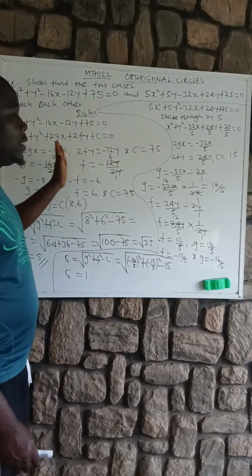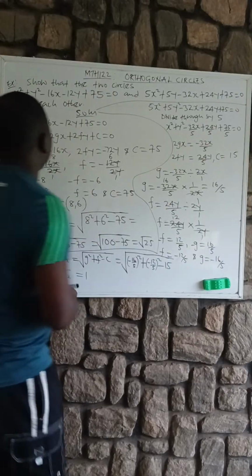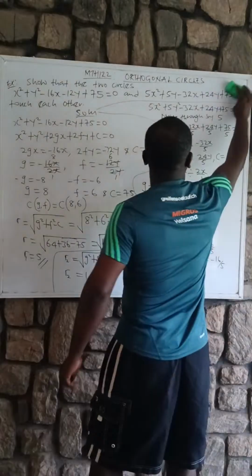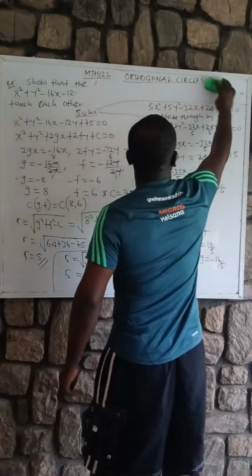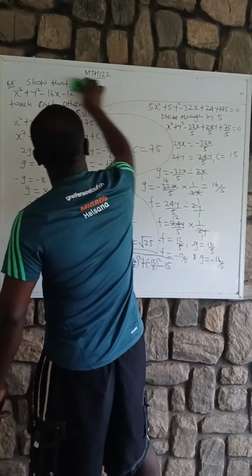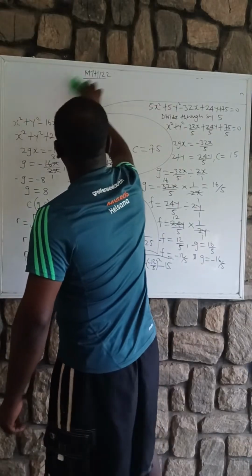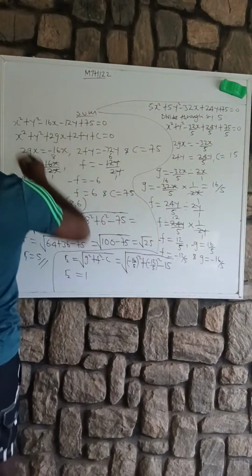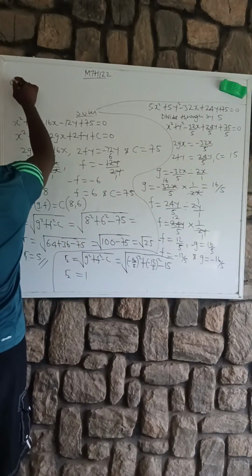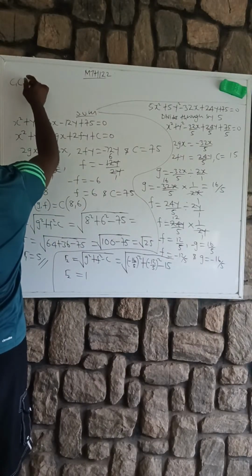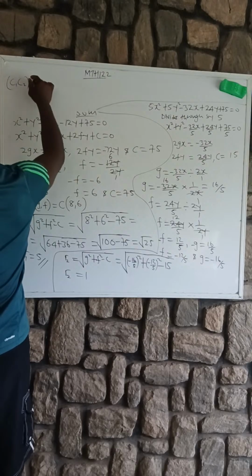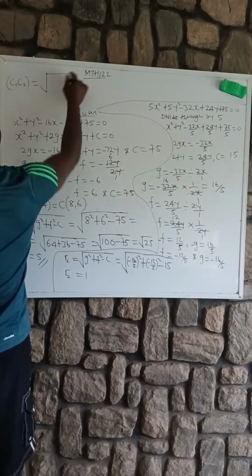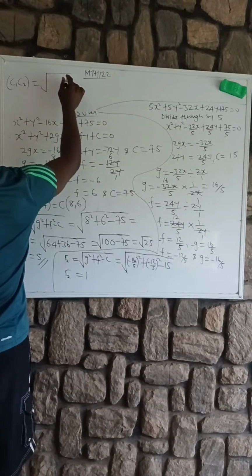You know, one of them says that... Let me take out this part, right? Circles that touch externally says that the distance between center 1 and center 2 is equal to the square root of what?